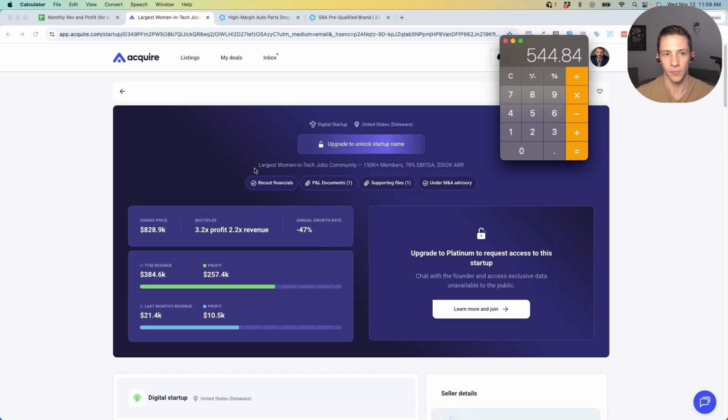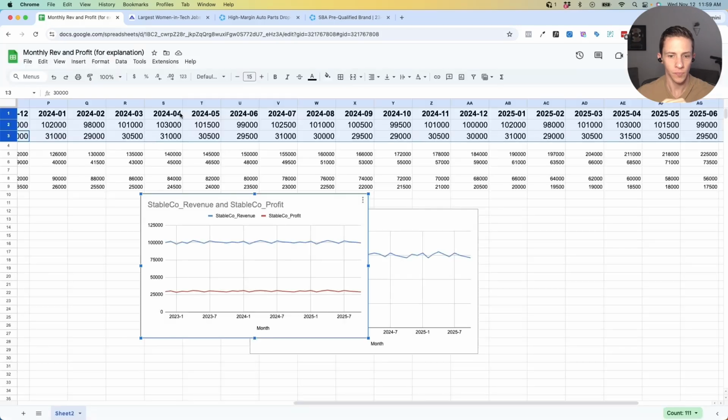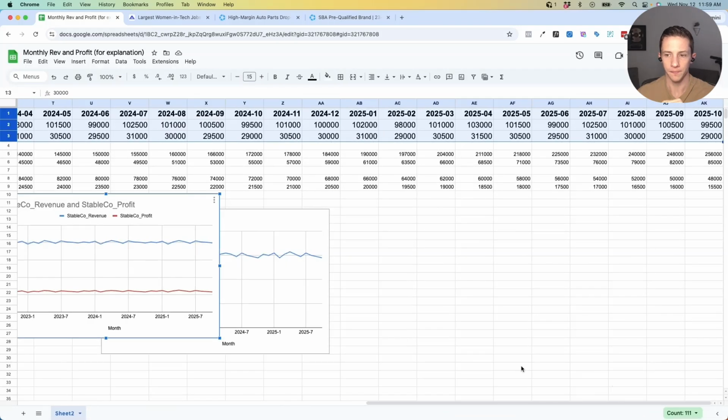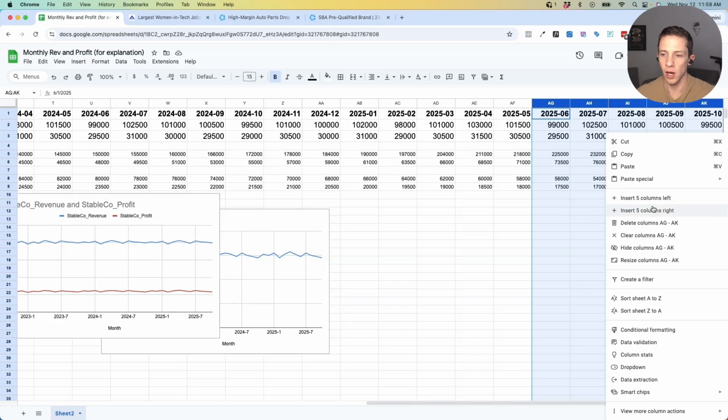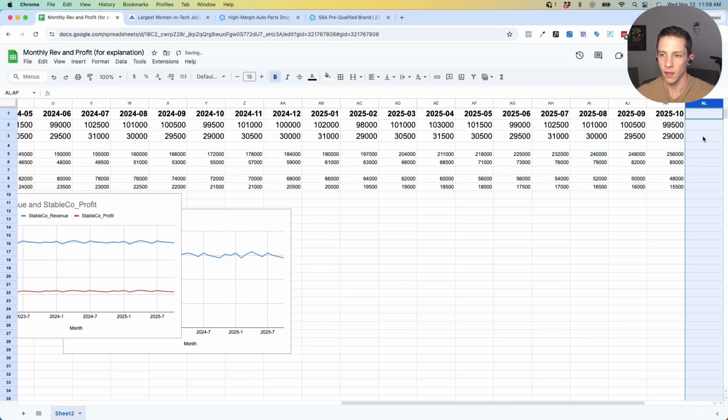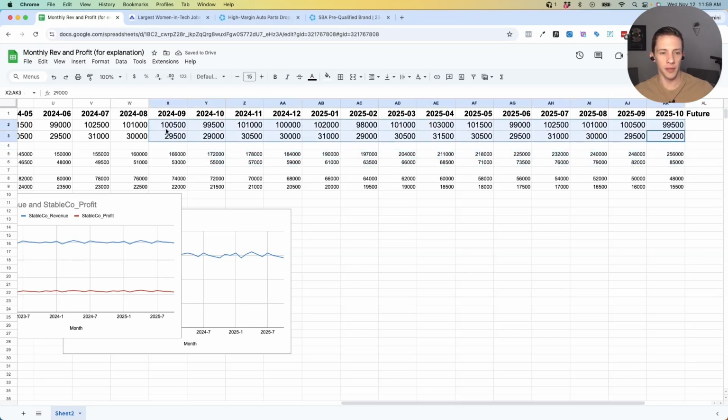Okay, well, in that scenario right here, let's add some more columns to it. And let's just call it future 12 months. In that scenario, the last 12 months was averaging basically $30,000 in profitability.